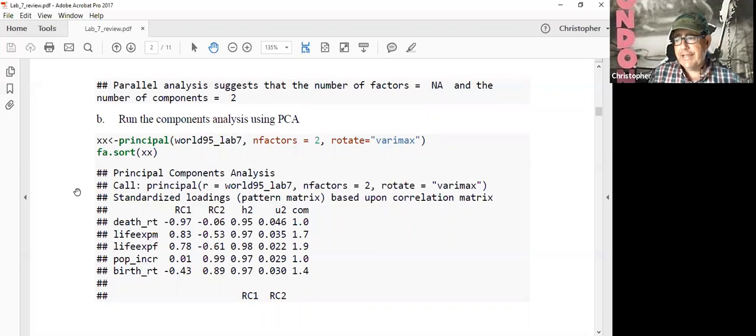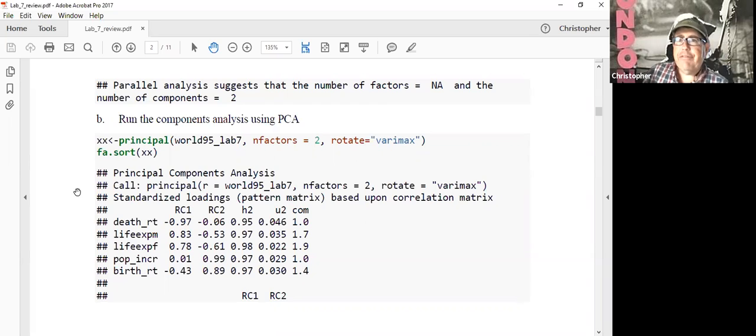By rotating the factor space, what we're actually doing is making it so that we're maximizing the correlations of variables on the factor that they're most associated with, while minimizing their association with the other factors. So it provides an interpretable solution. I would say I would never do a factor analysis without rotation. Varimax is one of the popular approaches.